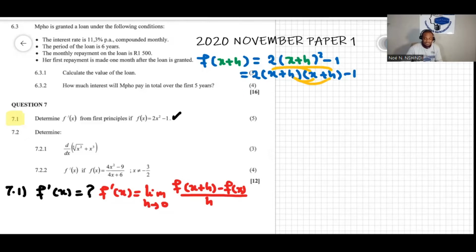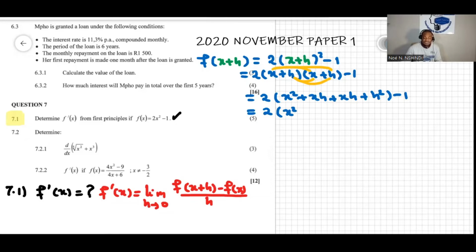This will be equal to 2, open bracket, x times x makes x squared, x times h makes xh, h times x makes xh, and h times h makes h squared, minus 1. We can combine like terms within the bracket.